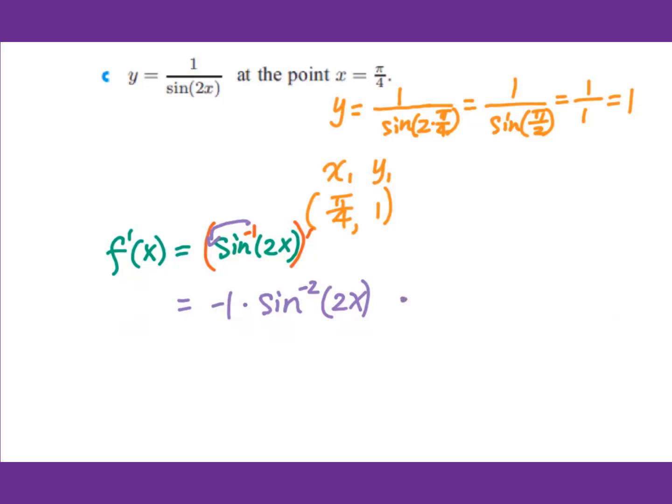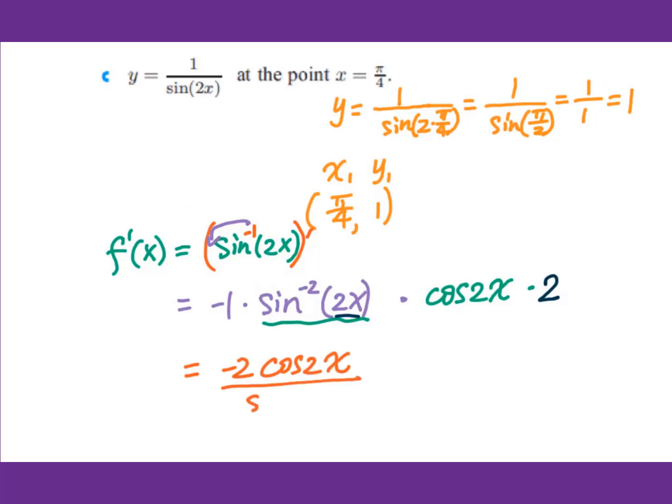Then you multiply using the chain rule. For sine 2x, you will get cosine 2x. Then for 2x, you do one more derivative by chain rule, you will get the 2. Therefore, you organize that: negative 2 cosine 2x over sine squared 2x.